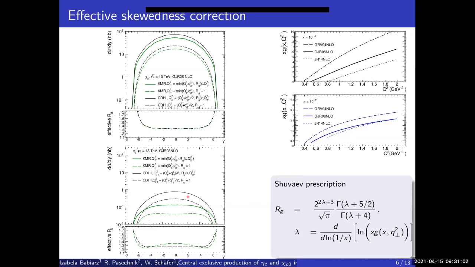We also investigate that fact for eta_c, because eta_c is calculated for the first time, so maybe it is much more interesting. As we can see, it is not a rule that it should be this constant value, and in our calculation it looks like we have a little enhancement in the central rapidity.